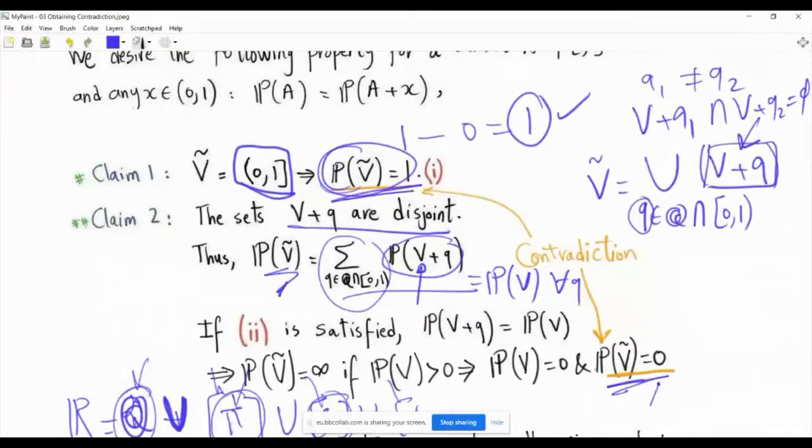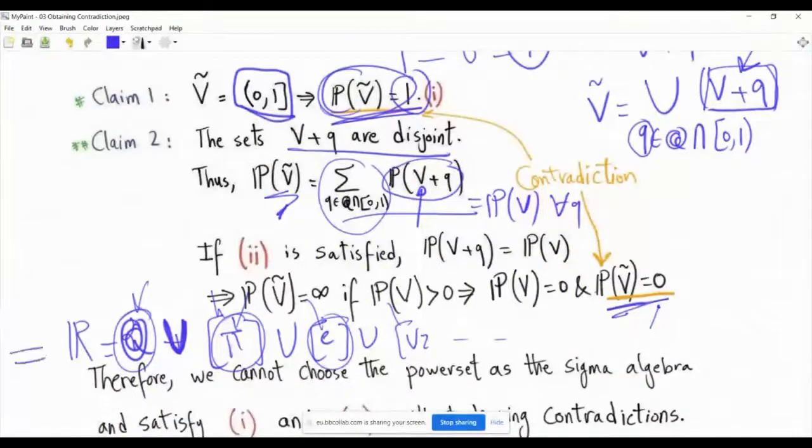A probability measure at the end of the day is a function, and a function should assign just one number. Okay, so V tilde should either have 1 or 0 or something in between. But if you include a set like set V, then you find that actually for V tilde you can make an argument for the probability being equal to 1 or 0. So this cannot happen. It will mess up your probability. And so what we do is that we will use a subset of the power set. So our sigma algebra will not be the power set.